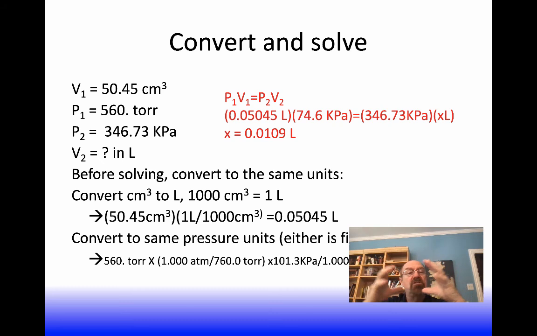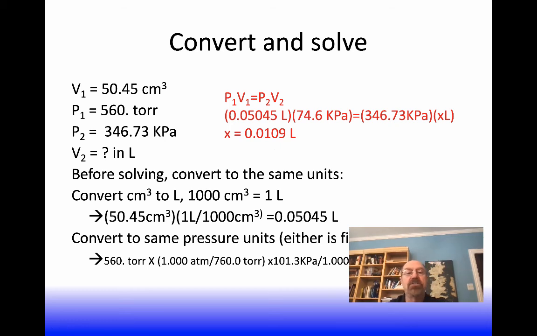And so the balloon's going to have to shrink so that eventually you'll get more particles hitting per unit area to restore equilibrium. Then the balloon won't change in volume anymore. So the final volume should be smaller. And indeed it is. This is 0.05 liters roughly. This is 0.01 liters, so it went down by almost a factor of 5.